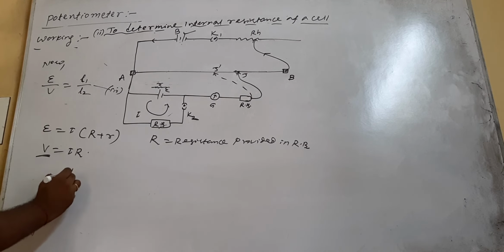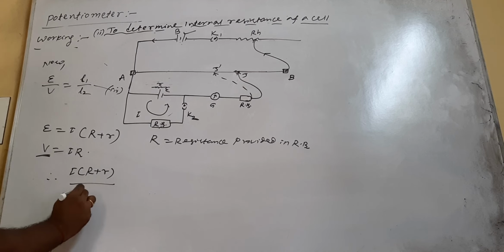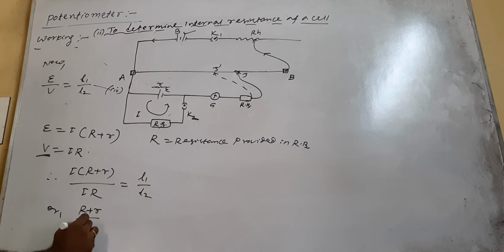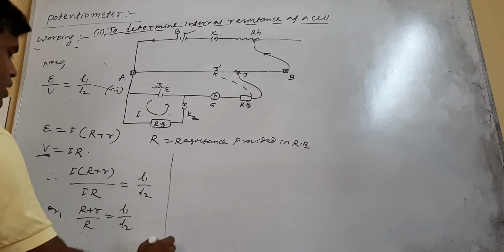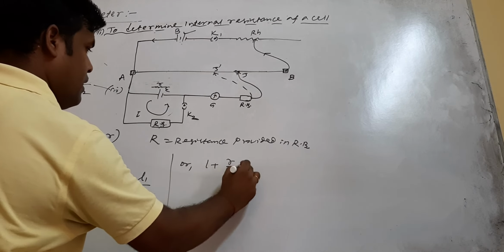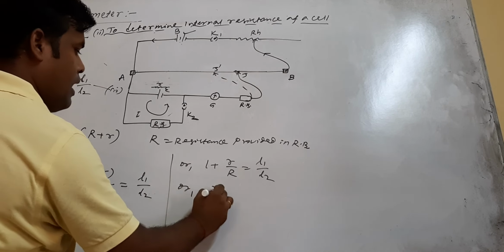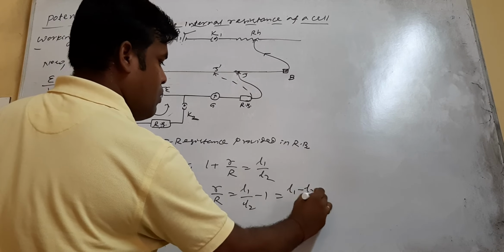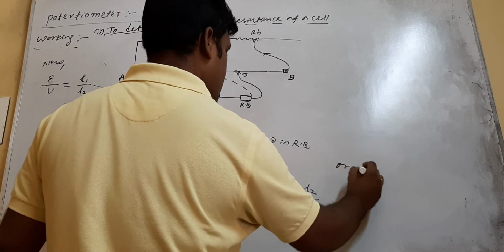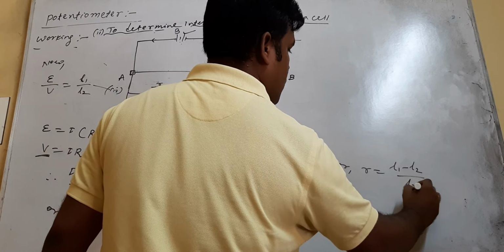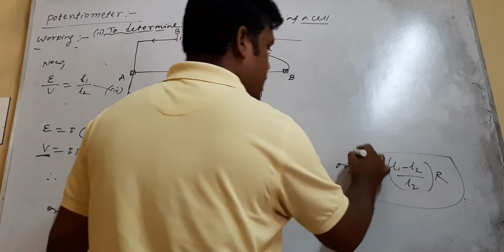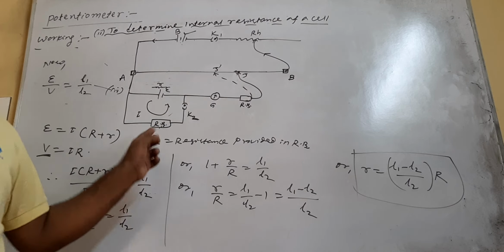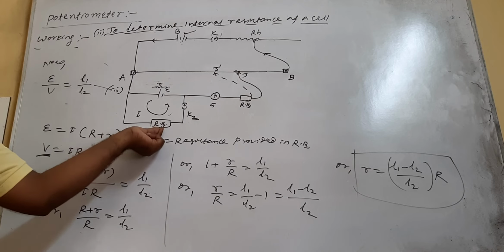From equation 3, I(R plus r) by IR is L1 by L2, or (R plus r) by R is L1 by L2, or 1 plus r by R is L1 by L2, or r by R is L1 by L2 minus 1, that is (L1 minus L2) by L2, or r is (L1 minus L2) by L2 into capital R. L1 and L2 you can determine from this scale, and capital R is the resistance provided in the resistance box.